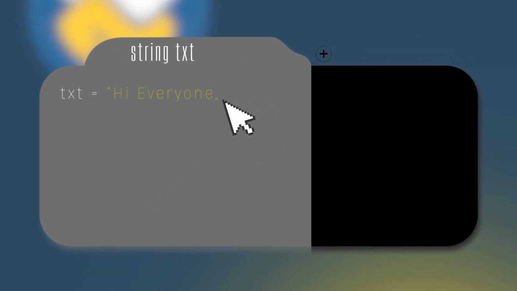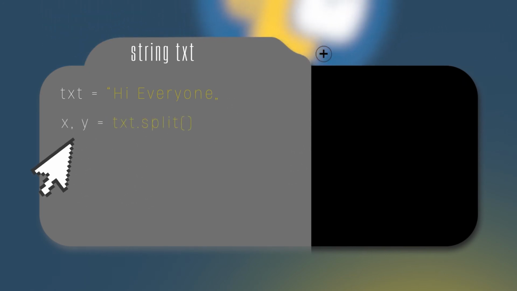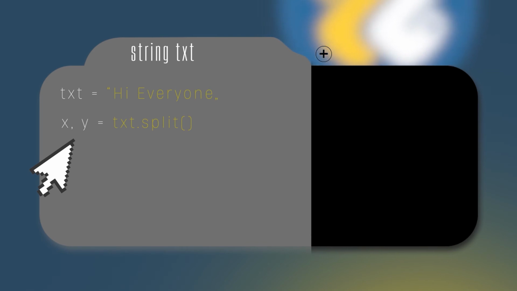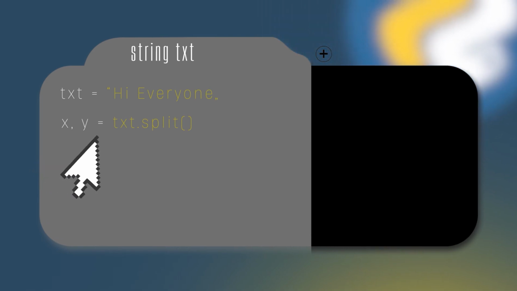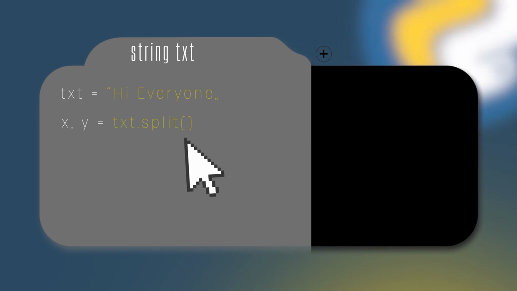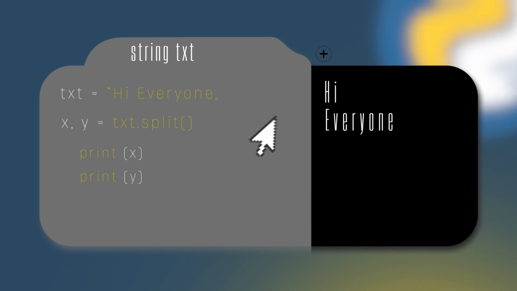We can use the notation of creating two variables in the same line by doing x, y. Then we assign x and y to the result of the split method, so we do x, y equals txt.split parentheses. In this case, the split method will separate the string where there is white space. In the end, x will hold the value hi and y will hold the value everyone.